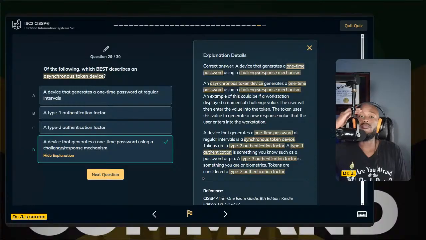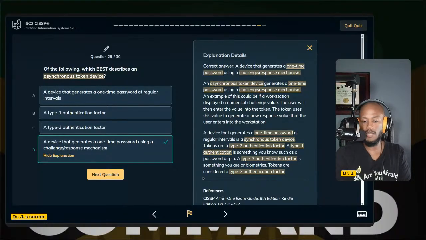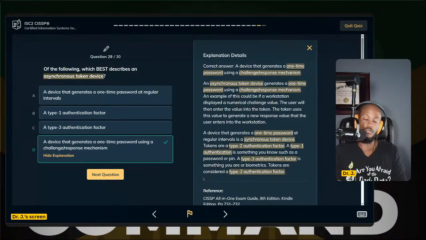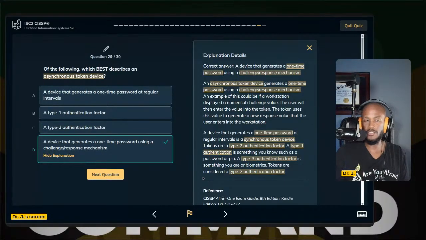So let's say you have MFA set up for your Amazon account, right? And you're using maybe one of your mobile applications. I'm just throwing out a name like Bitwarden. You have it synced up with Amazon to log into the account. So you enter your username and password into Amazon.